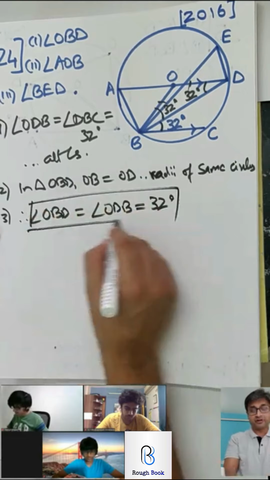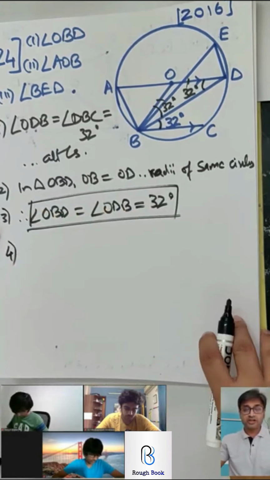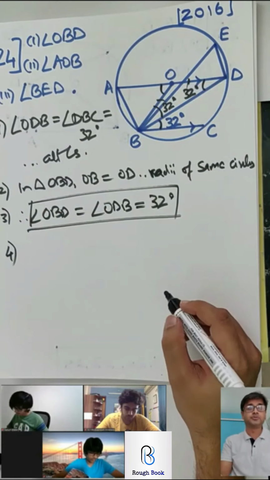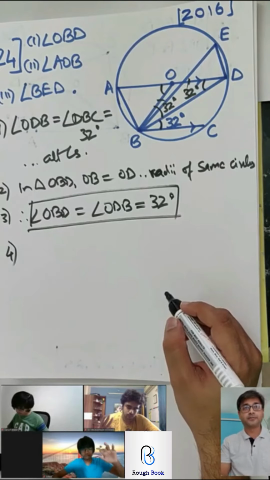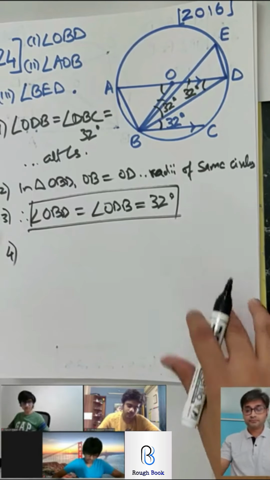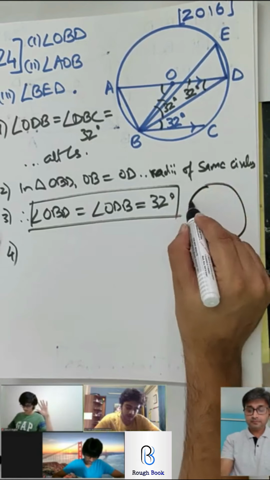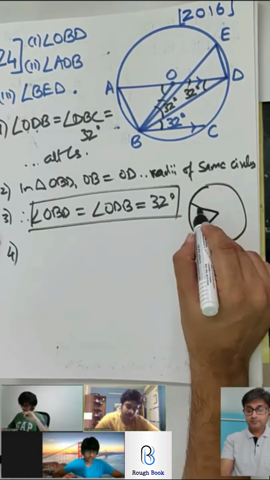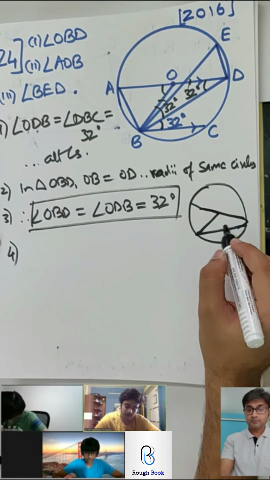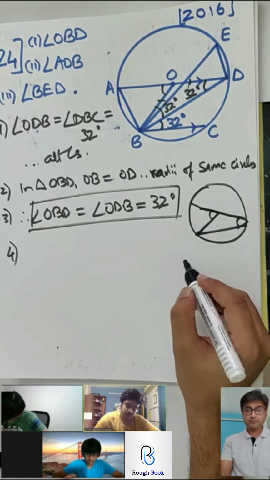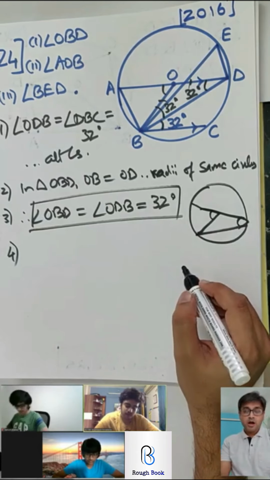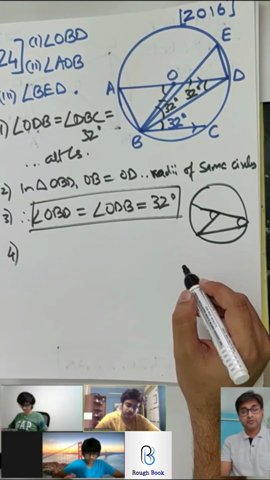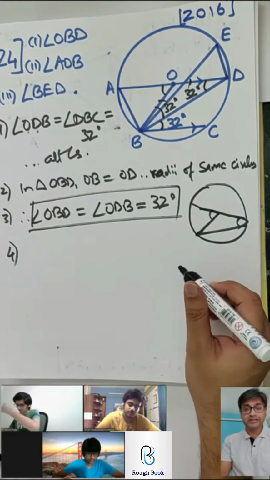So we managed to get our first answer straight away. Now for the next one, AOB, very simple. Who's picking this up? Yes, Shubhayan. So we have angle OBD and we have angle OBC. You have two easier methods.